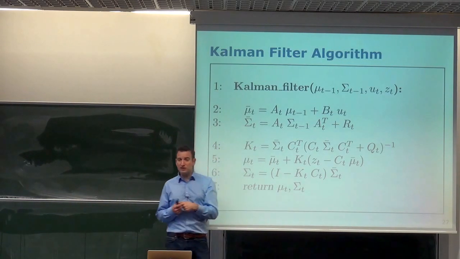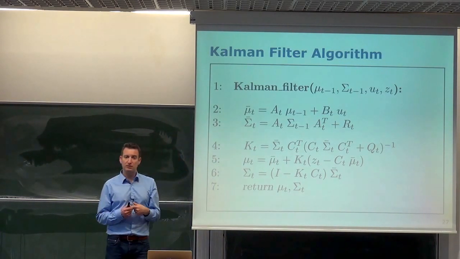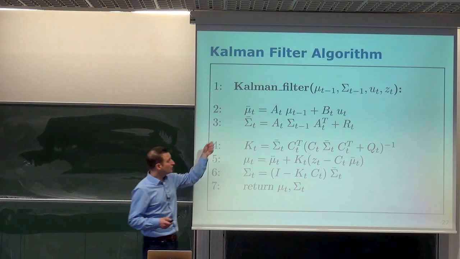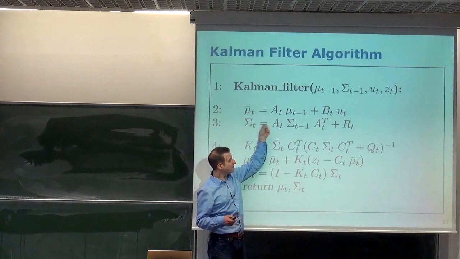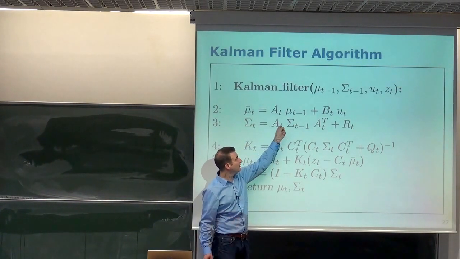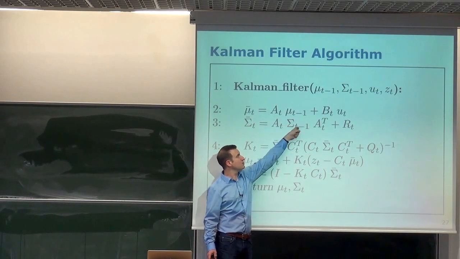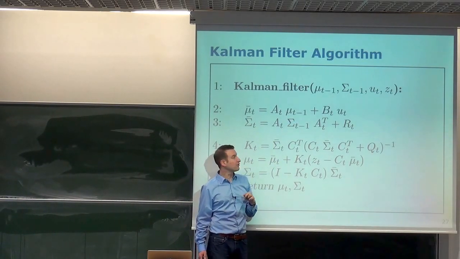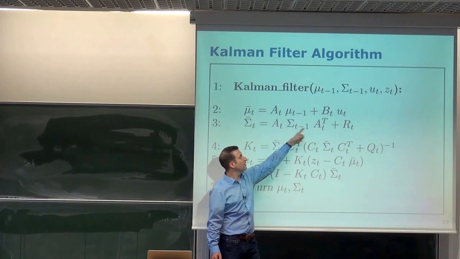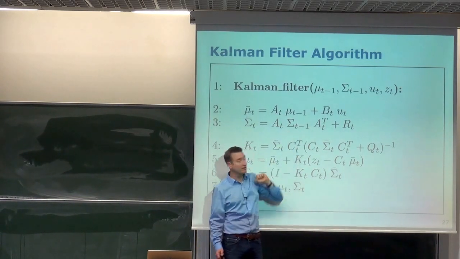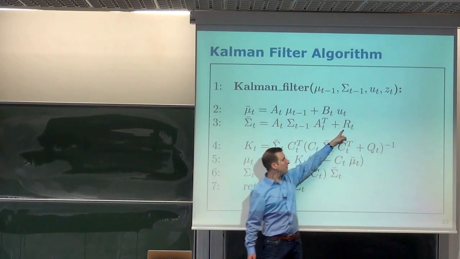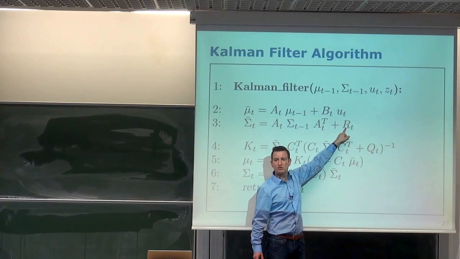And then we have the uncertainty of this distribution, which is a direct application of variance propagation or error propagation, which is the original uncertainty that I have at time t minus 1. I have this linear factor over here, A transposed, plus the additional noise which comes to gain through the motion.